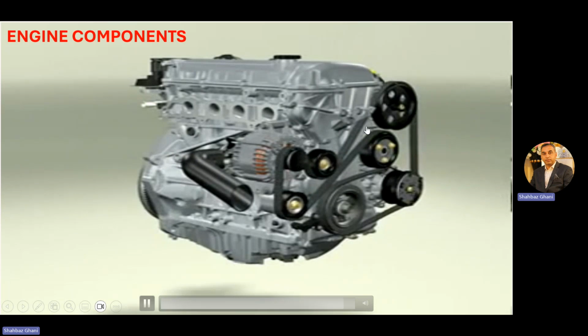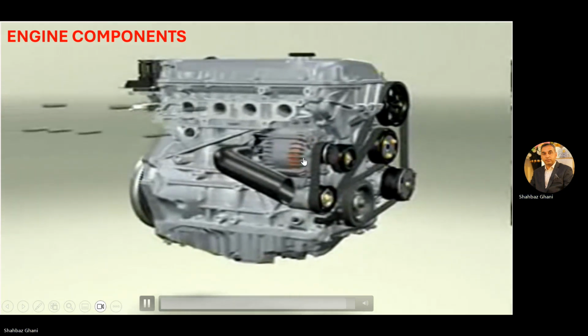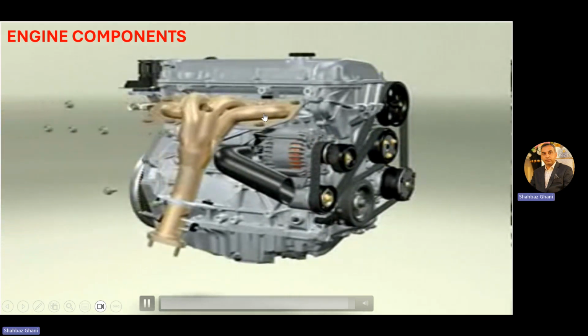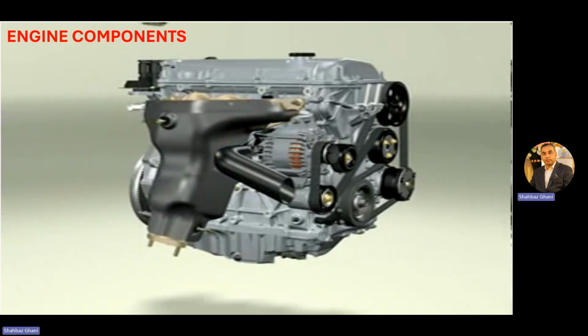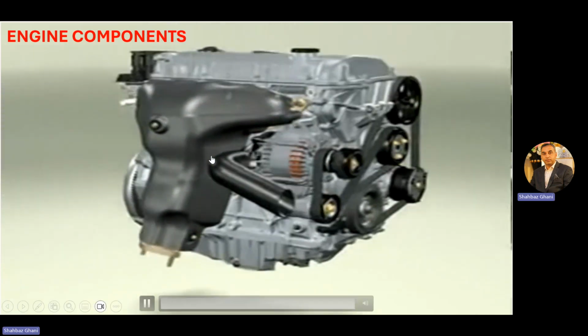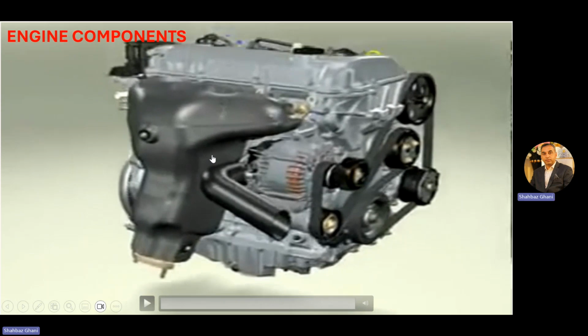All are attached with pipes, and then we have an exhaust pathway, from where the exhaust goes to the environment. So this was the brief video clip for the engine components.